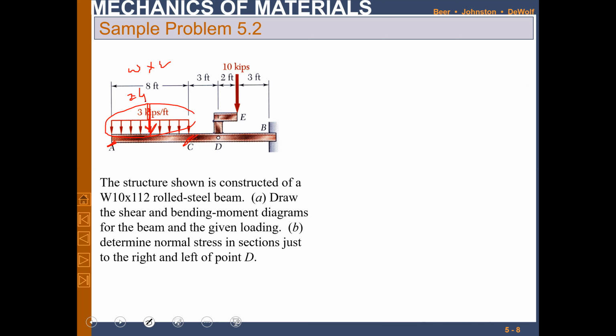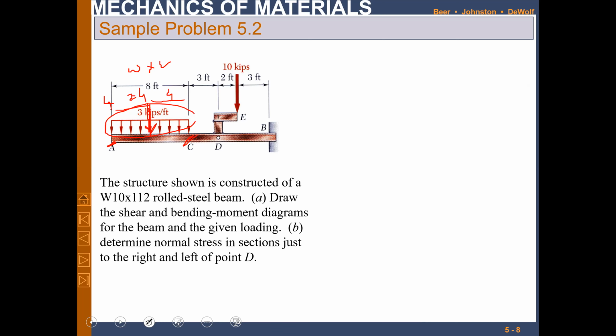This is the static representation of the uniformly distributed load, and it is always implemented in the center of that section. So this will be 4 feet and this will be 4 feet, and exactly in the center of that span, this 24 kips load will be applied, right?